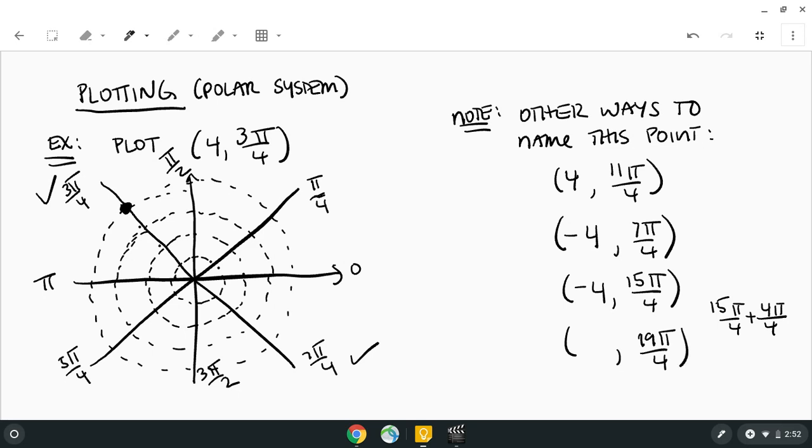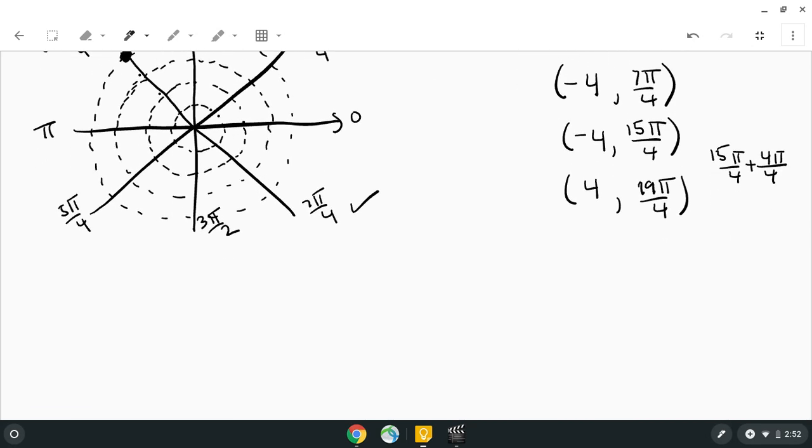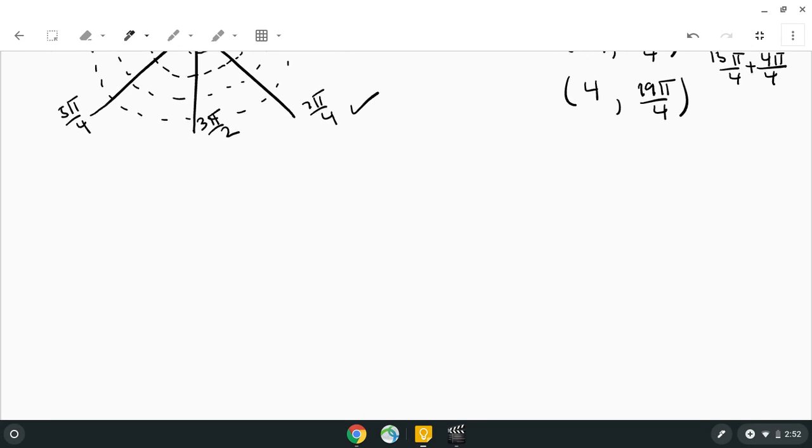We would be facing that direction, which is 3 pi over 4 on our drawing. And so we would need to march forward 4. So again, these are just different ways to name the exact same point because now we're circular and we have many, many angles.